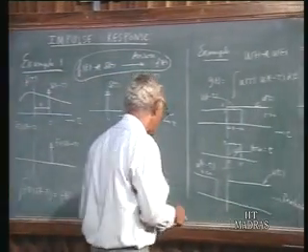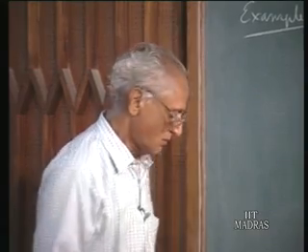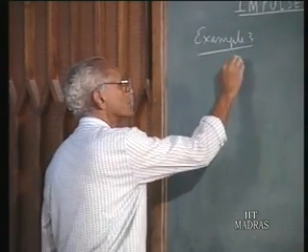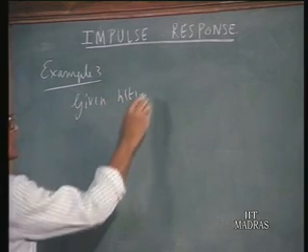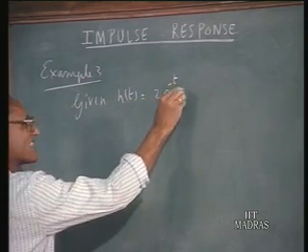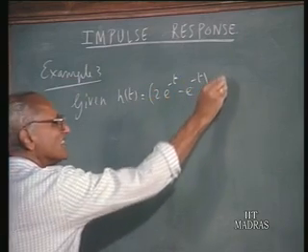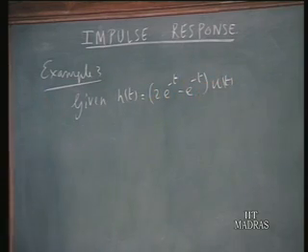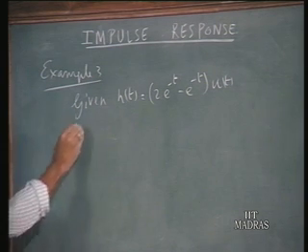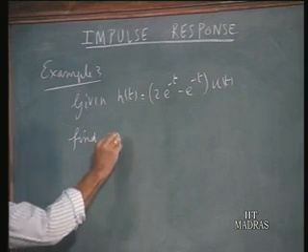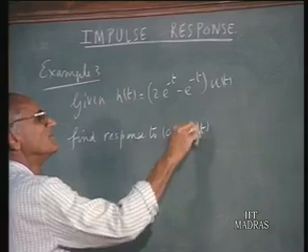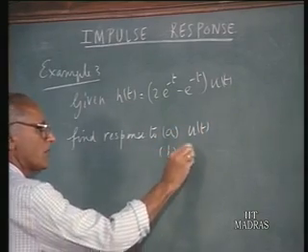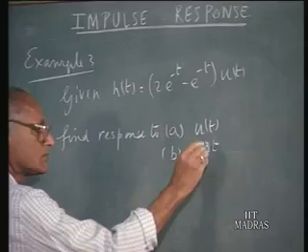Now one more example. Given h of t for the type of system that we are talking about is 2e to the power of minus t minus e to the power of minus 2t, times u of t, for an initially relaxed linear time invariant continuous time system, find the response to a, u of t, b, e to the power of minus 3t u of t.